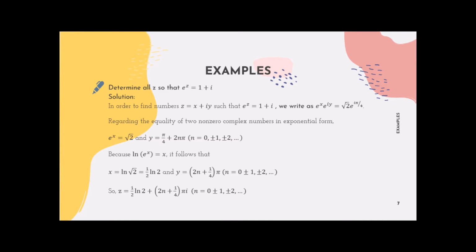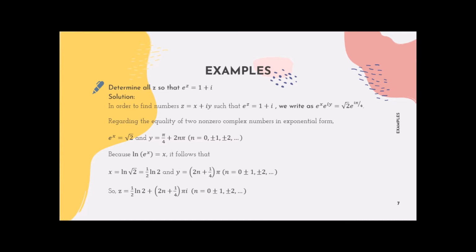Because ln exp(x) equal to x, it follows that x equal to ln square root of 2 equal to a half ln 2 and y equal to (2n plus 1 over 4) pi, for n equal to 0, plus minus 1 and so on.